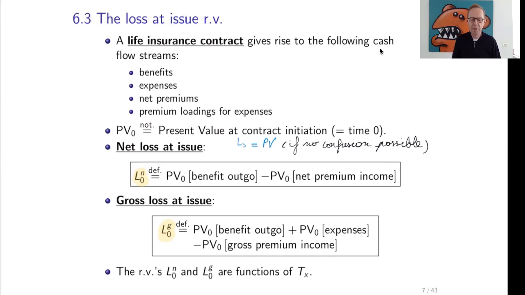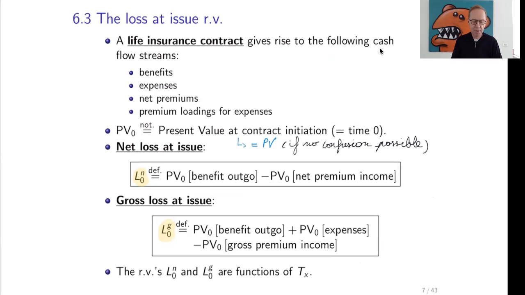So we take the present value at time 0 of the benefit outgo plus the present value at time 0 of the expenses. And what comes in are then the gross premiums. So for our gross loss, we take minus the present value at time 0 of the gross premiums. Summarizing, the gross loss at issue is the present value at issue of benefit outgo plus expenses minus gross premium income.